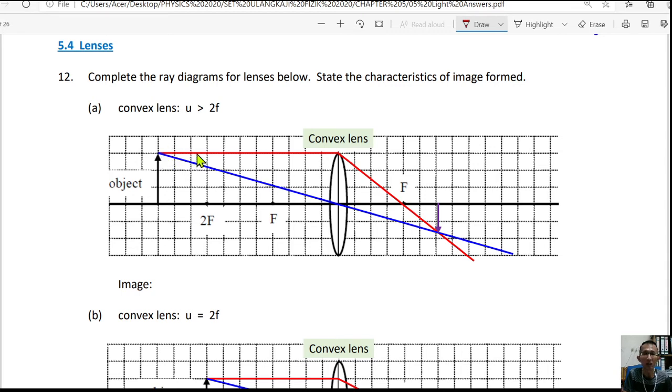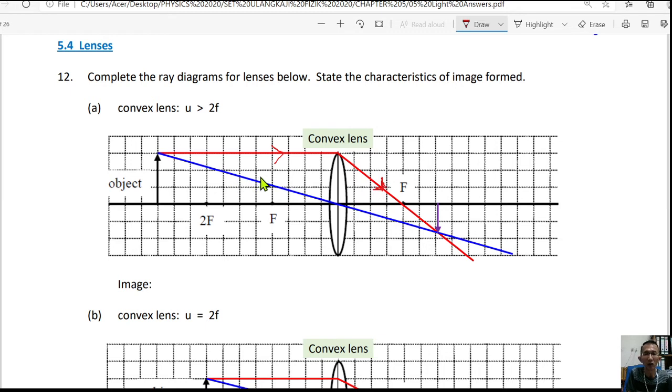First I draw a line parallel to my principal axis. What happened to that line? It will be converged to my focal point. Just draw the line passing through the focal point. Make sure you have this arrow to show the direction of the light propagation.